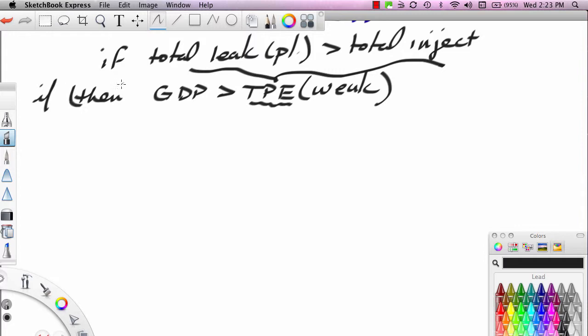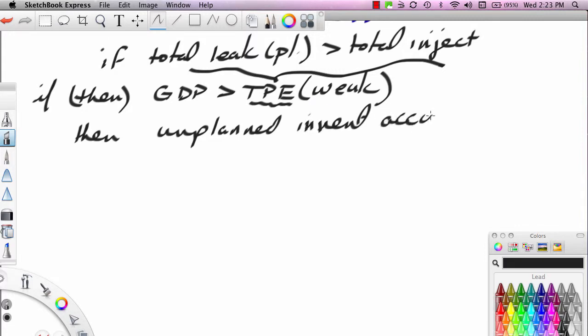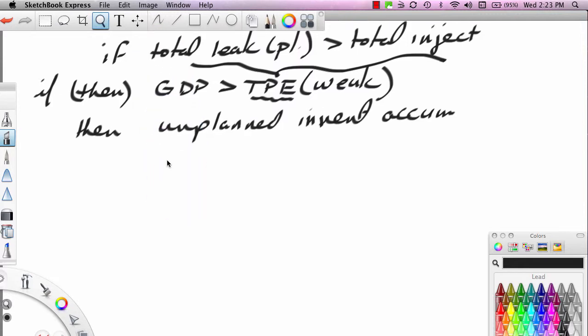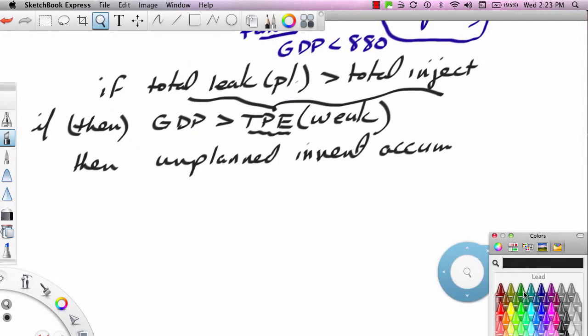If GDP is greater than TPE, then there will be unplanned inventory accumulation. Now, think about this. Let me use the numbers again. Leakages were 555.